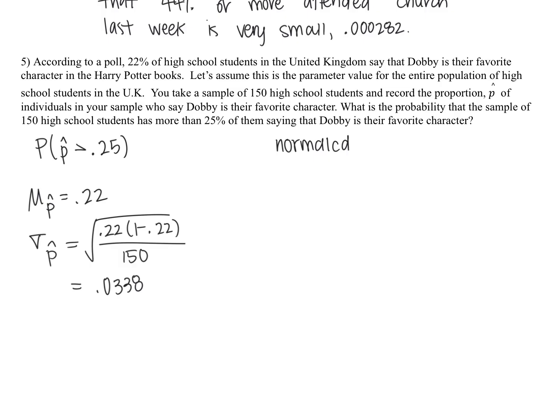So we go to normal CDF, lower bound 0.25, upper bound 1E99, mean 0.22, standard deviation 0.0338. And we're going to get 0.1874.